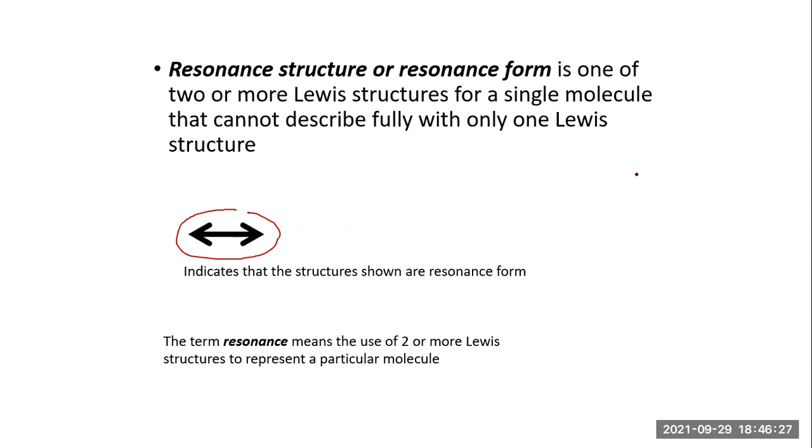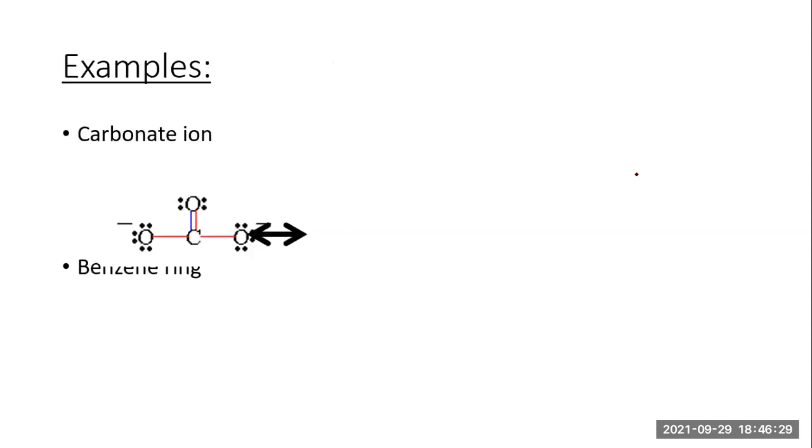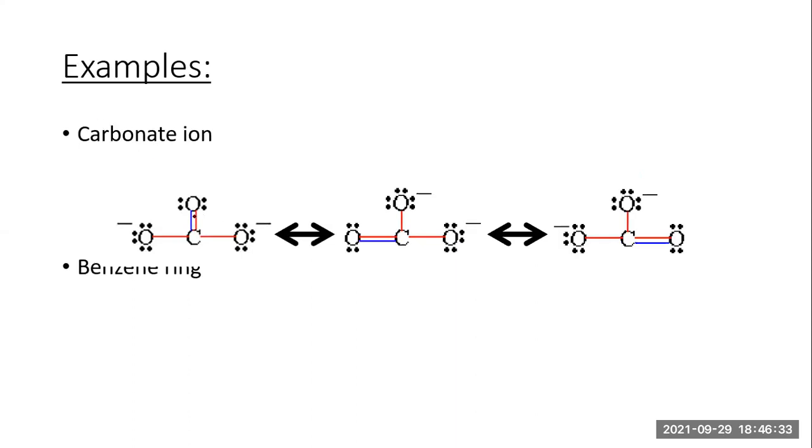Here again was the example for carbonate. You don't have to worry about the charges. But again, we could double bond to the top, to the left, to the right. As I talked about, those double bond electrons are just moving around from one place to the next. So at any given point in time, they may be there or there or there. So we could draw 3 individual structures to describe what is going on. Again, you don't have to draw all the structures unless you're asked to do so.